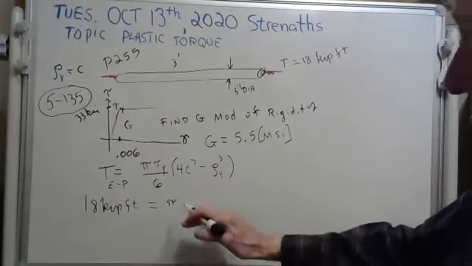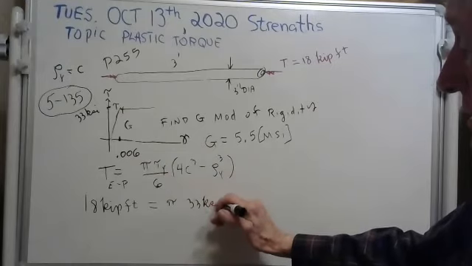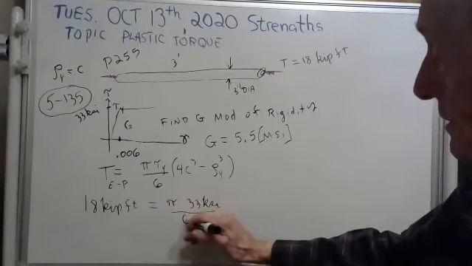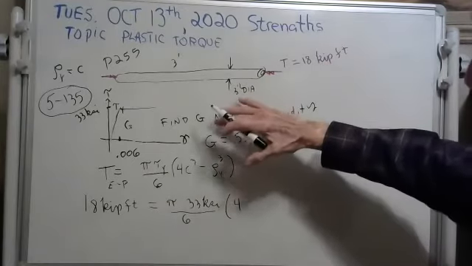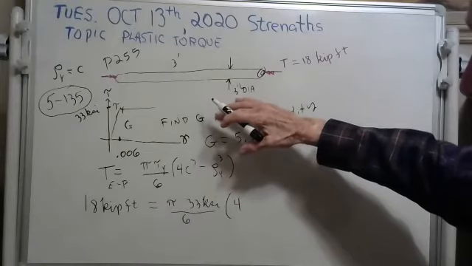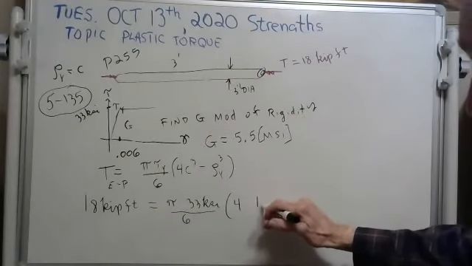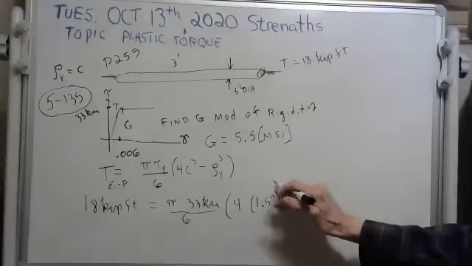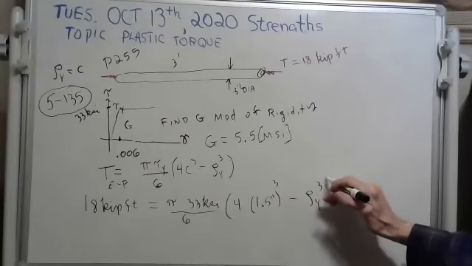Yield strength shear stress. 33 KSI over 6. 4 times. Now, if the diameter is 3, that means the radius is 1.5. You have to cube it, minus rho sub y cubed.